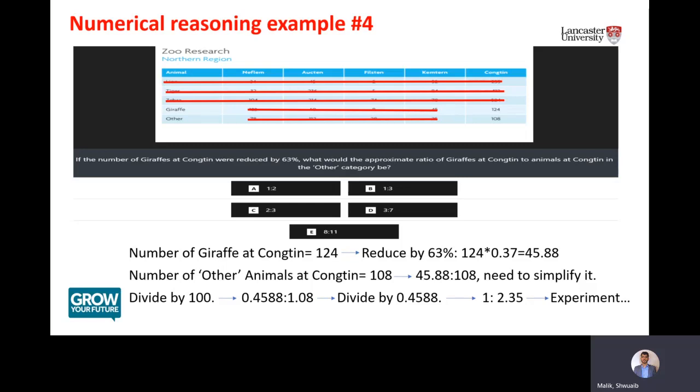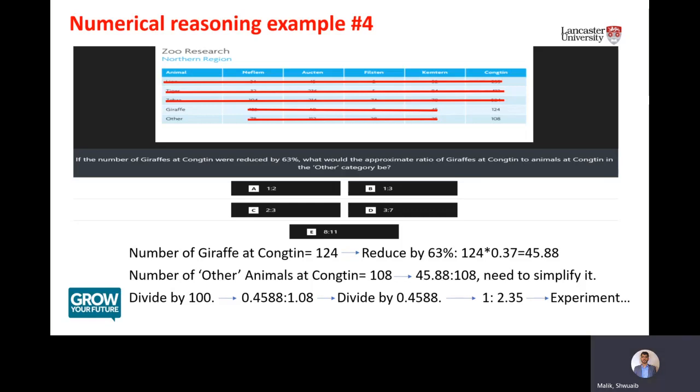And then to simplify it even further, dividing 0.4588 and 1.08 by 0.4588 to give us 1 to 2.35. So it's in a much clearer and simpler format now, and something that we can work with.